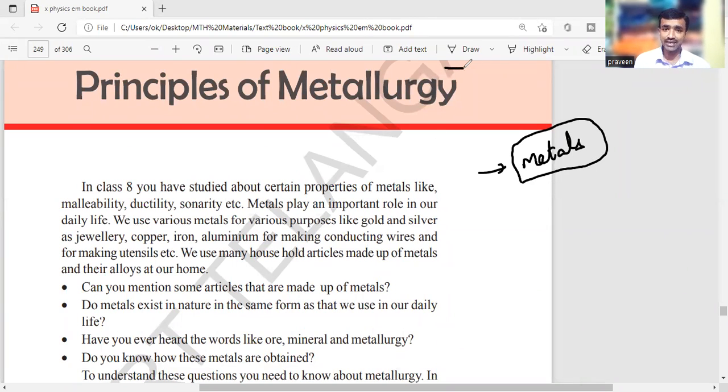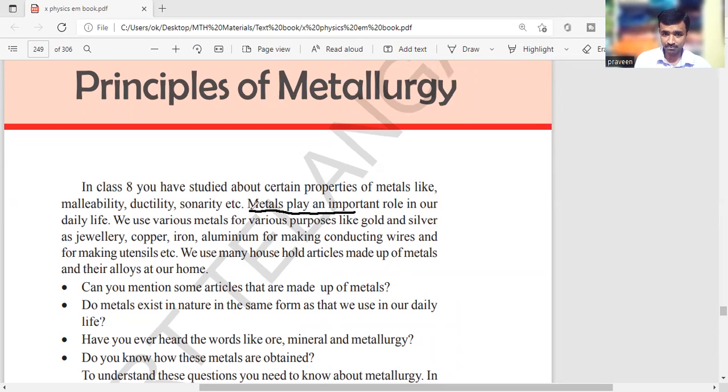Metallurgy is a branch of chemistry that explains how you extract, manufacture, or produce metals. Those principles you are learning.